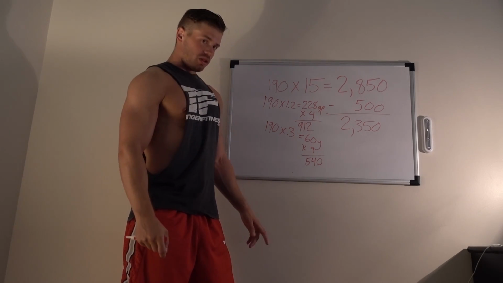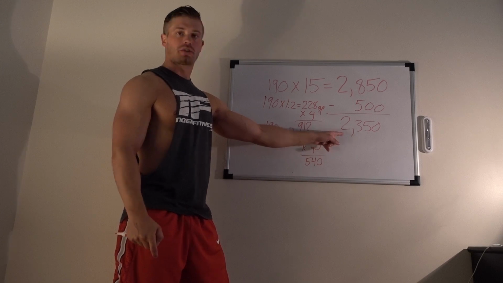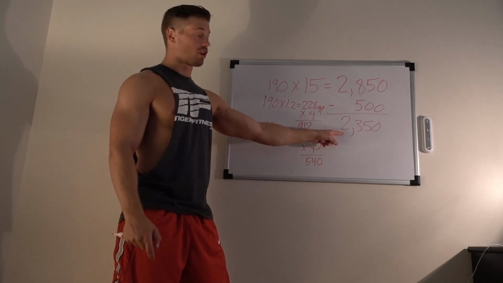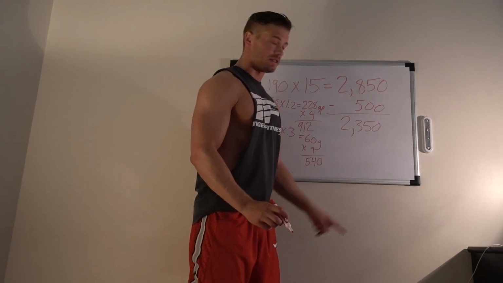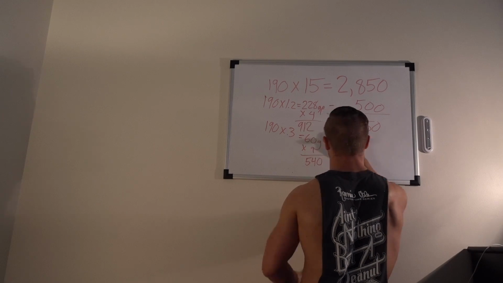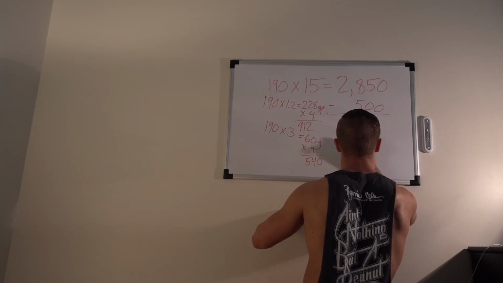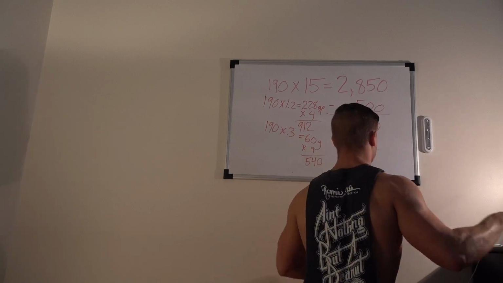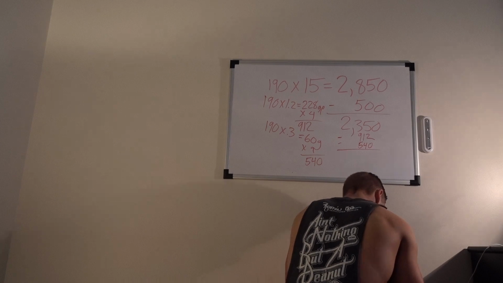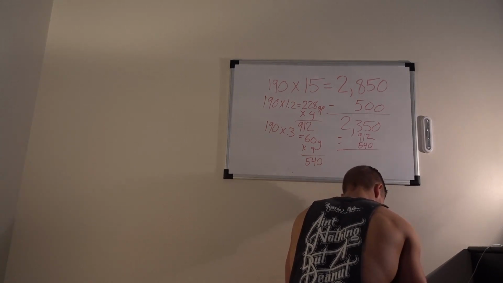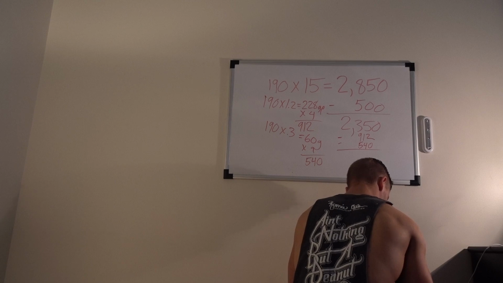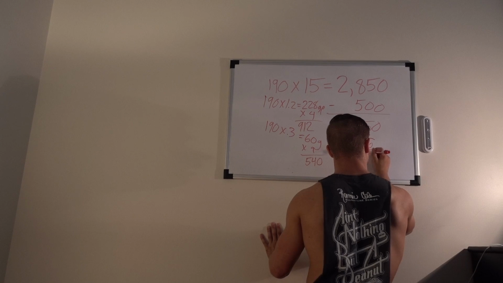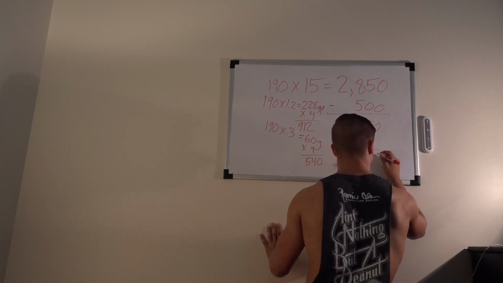So let's go back to what our cutting calories are, 2,350 calories, and we're going to fill in the rest with carbs. So we're going to take the 2,350 minus the 912 from protein, minus the 540 from fats, and that's going to give us 898 calories from carbs.